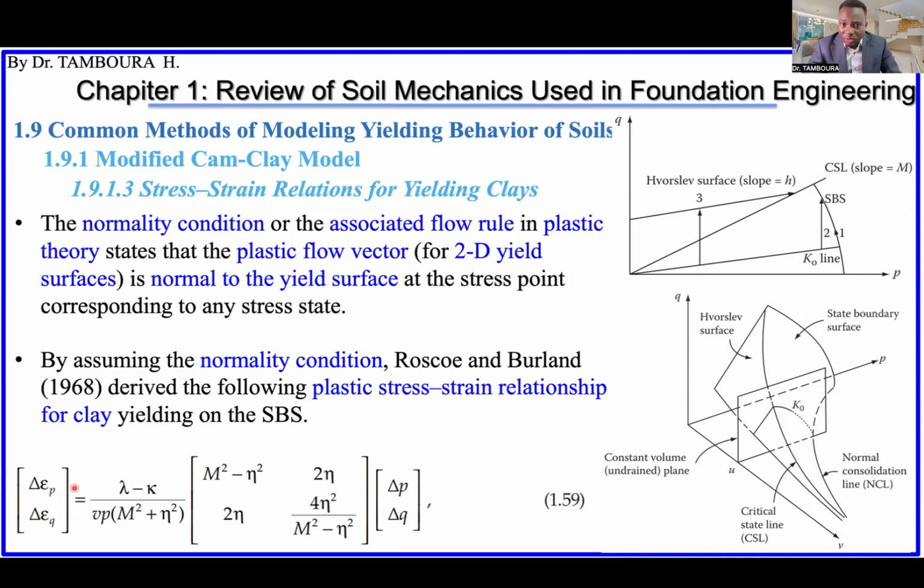Knowing the limit of deformation we want, we can judge the bearing capacity of our foundation, because in all designs there is a limit on accepted strain or deformation. Based on that, you can judge the ultimate limit state, the ultimate bearing capacity of your foundation. So this relationship is very important for FEA formulation.